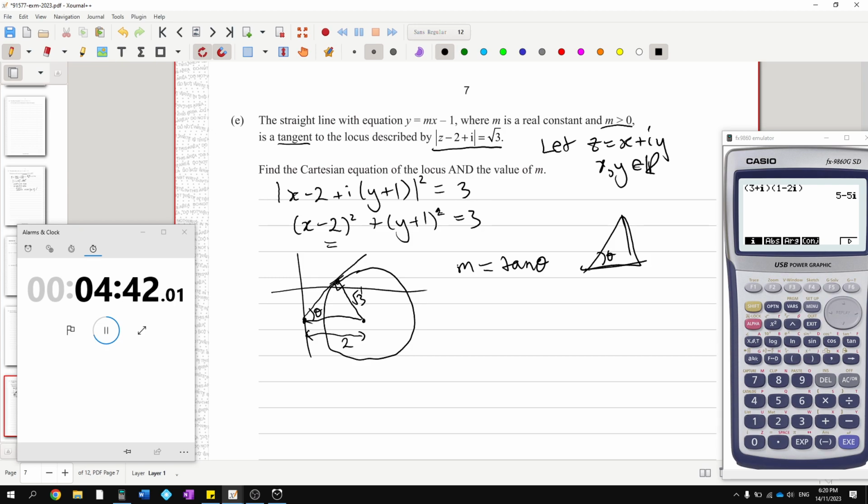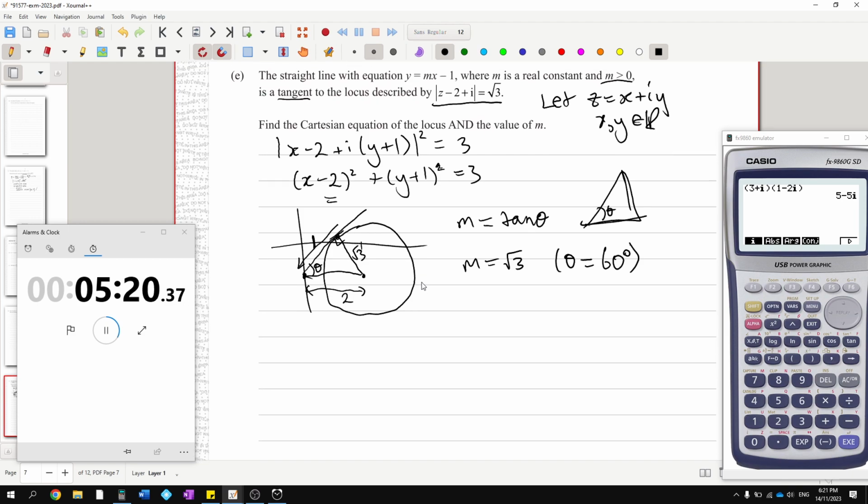Oh wait, that's actually pretty nice, because by Pythagoras, that there is of length 1, and we've got the exact triangle going on. So tan theta is square root 3 over 1, so m is square root 3. Theta is 60 degrees.